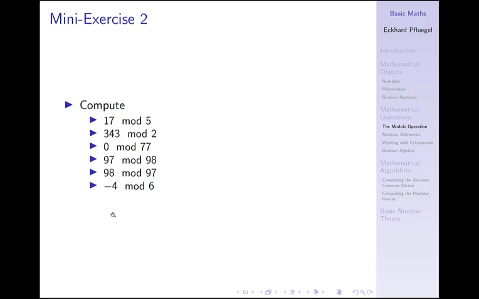Then you need to reason, what might 0 mod 77 be? Think of the definition based on the division with remainder. Furthermore, 97 mod 98 is straightforward if you think of one of the properties. And then turn things around, 98 mod 97 should also be quite straightforward.